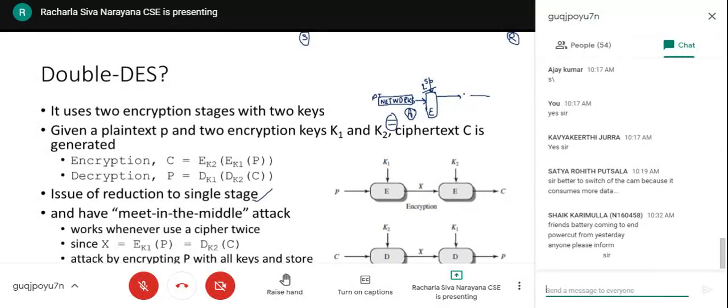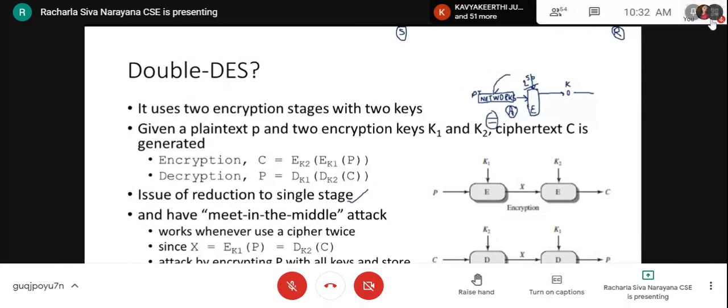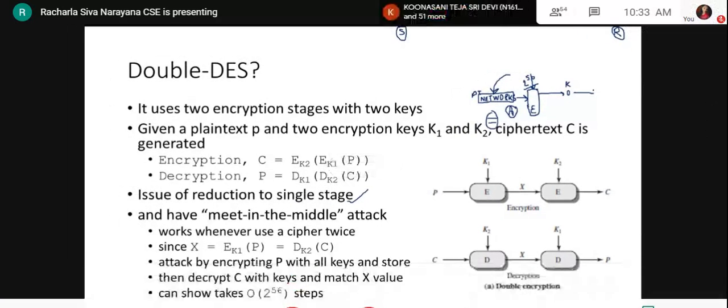So the key is all zeros, the plain text is this, and when we apply all zeros on this plain text to perform encryption, we get this cipher text.